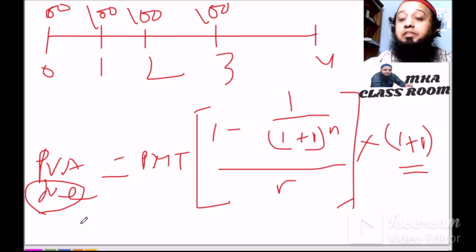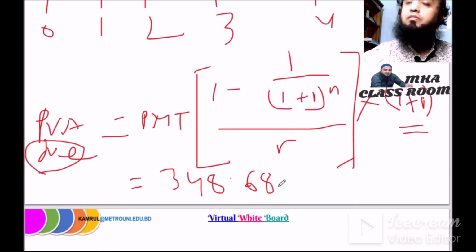So, the value should be greater than ordinary annuity. If we calculate the present value, annuity due would obviously be greater than ordinary annuity.